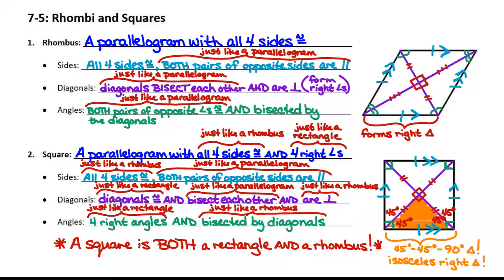So if you know the properties of a parallelogram, a rectangle, and a rhombus, a square has the properties of all 3 of those shapes.